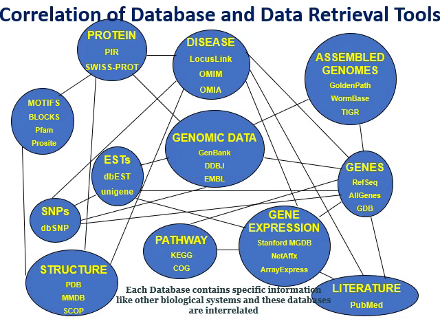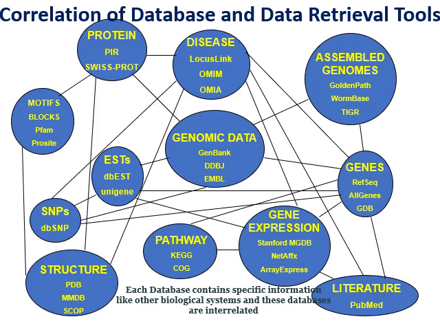And as I told you, all these databases are interlinked and correlated with each other. Let's take an example of genomic data: GenBank, DDBJ, EMBL. They are all cross-referenced with other databases like protein databases, disease databases, and gene expression databases.